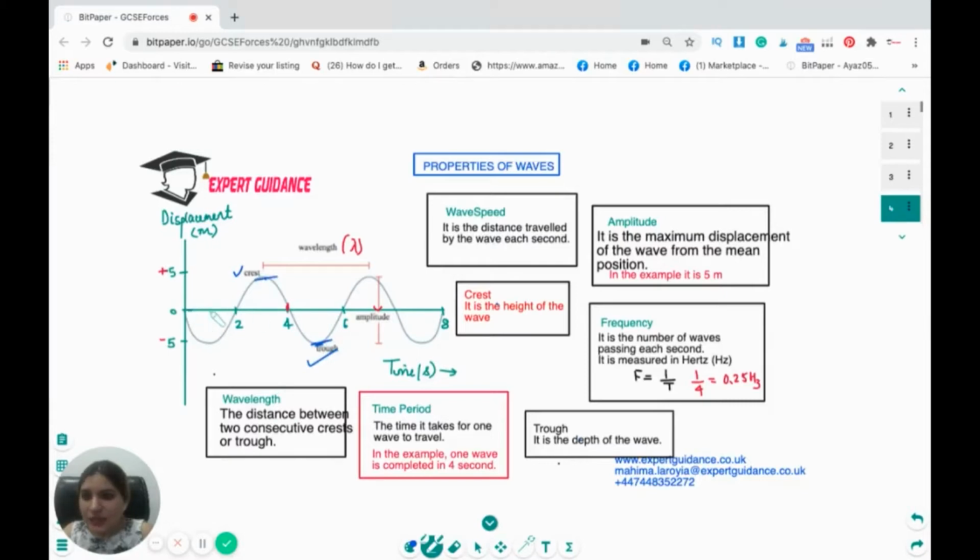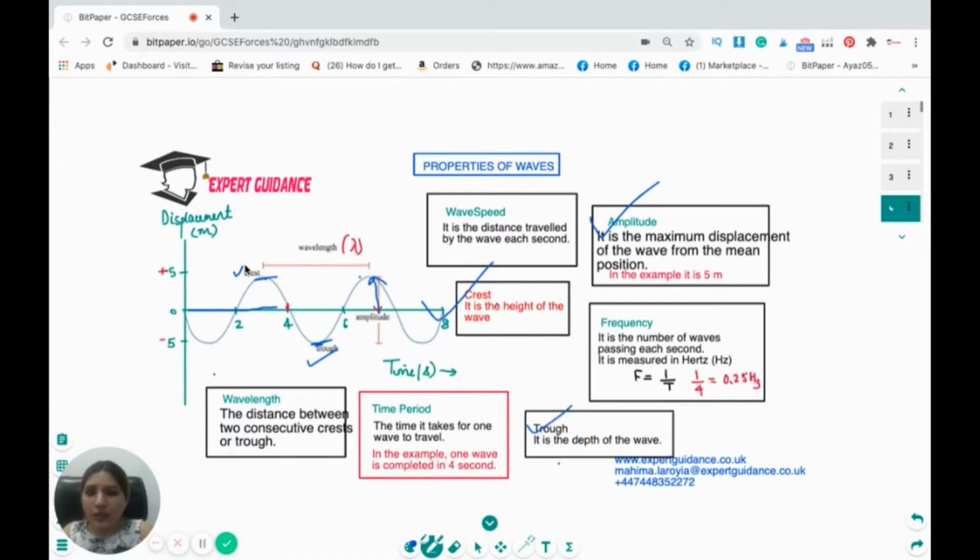Now, this is the mean position of the wave. The distance from the mean position to the highest point in the wave, or the maximum displacement of the wave from the mean position, is known as amplitude. And if we look at this wave, the amplitude is 5 meters. So you should know amplitude is the maximum displacement of the wave from the mean position. Crest is the height of the wave, trough is the depression of the wave.